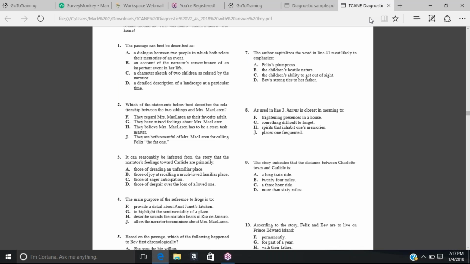They use Charlottetown, line 34. But I don't see Carlisle there. I keep going. They use Charlottetown again. Carlisle at line 58. And right before that, they talk about a 24-mile drive. Aha! I guess the distance is B, 24 miles.